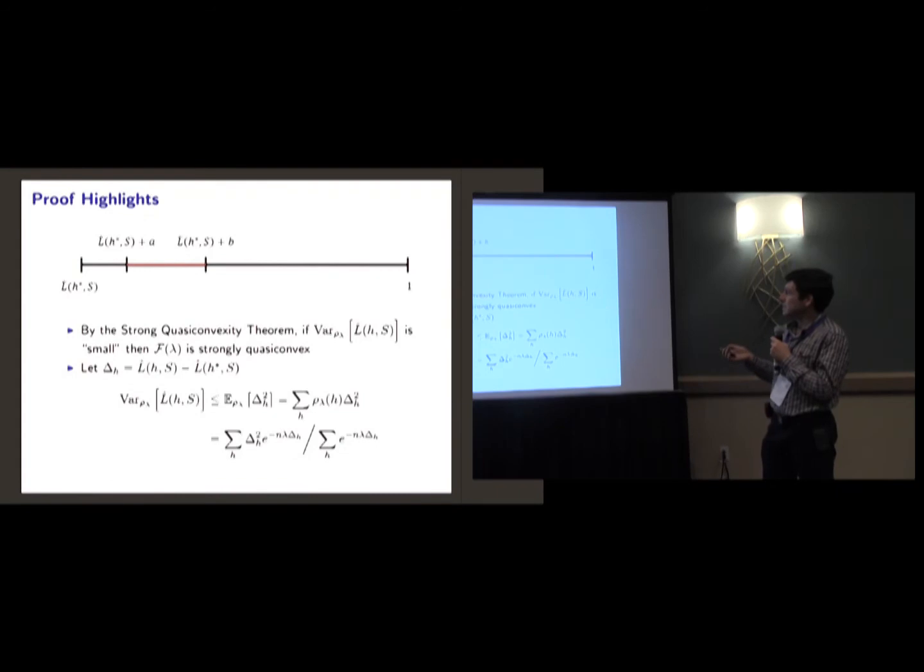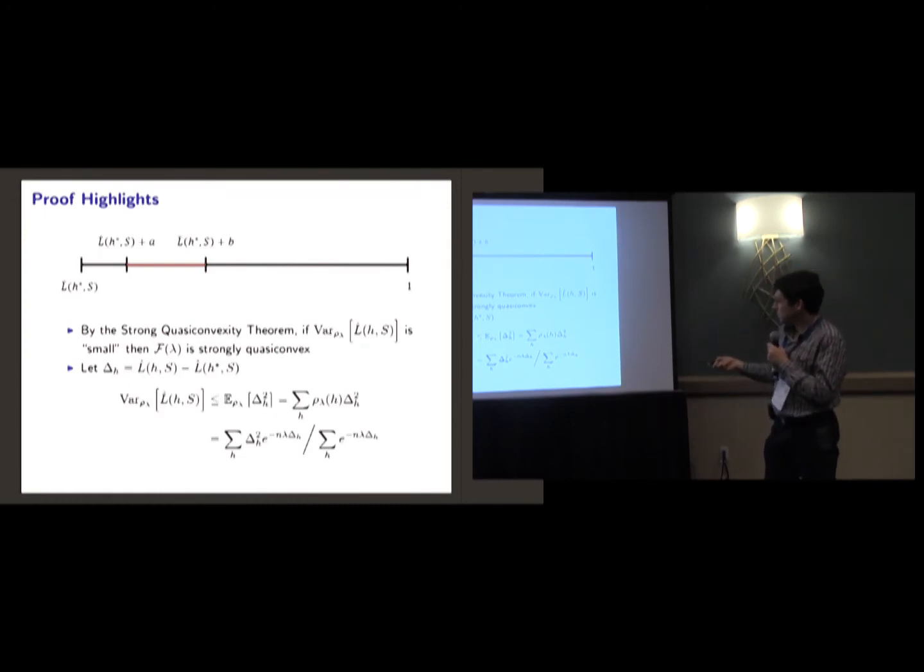Again, some highlights of the proof of this result. By the strong quasi-convexity theorem, if the variance is bounded by the two terms that we had earlier, then f of lambda is strongly quasi-convex. We look at the suboptimality gap of different hypotheses, delta H, and the variance can be bounded by the expectation of the squares of the gaps, which is the weighted average of the squares of the gaps.